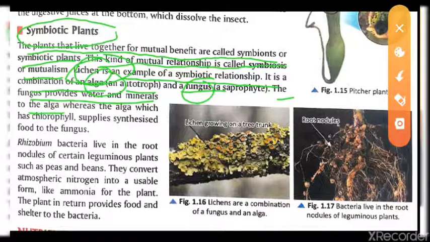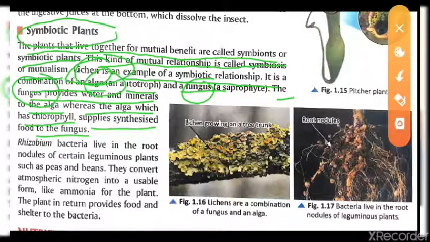Fungus is providing the water and minerals to the alga, whereas alga has chlorophyll. Alga is green in color, so it can prepare its food, but it is not getting the water and the minerals. So fungus provides the water and minerals to the alga. Combining all the things, they prepare the food, and the alga supplies synthesized food to the fungus.